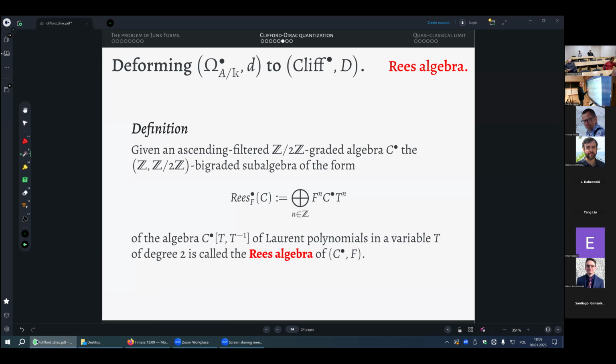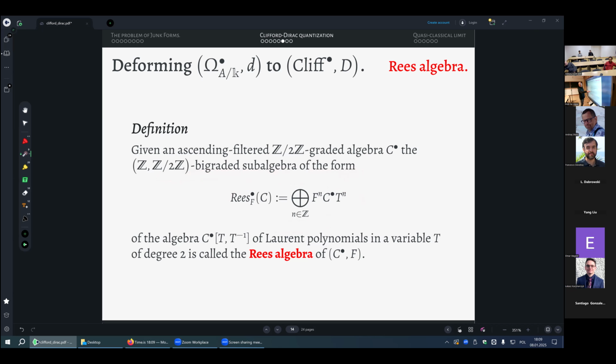So given such an ascending filtered Z2-graded algebra C, we can cook up a Z2 bigraded subalgebra of the following form.